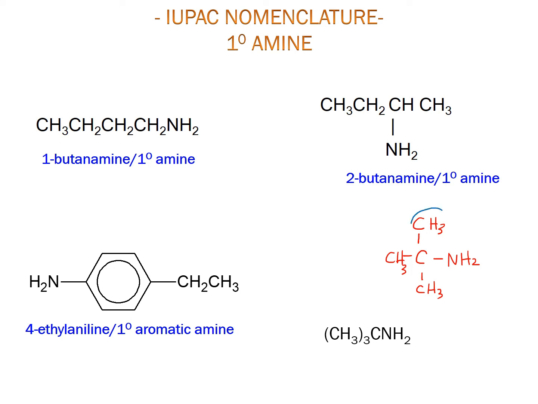This one is the longest continuous carbon chain, which contains 3 carbons, and then numbering the carbons, 1, 2, 3. So the position of the amino group is at carbon number 2, and the position of methyl as a substituent is also carbon number 2. So the name of the amine is 2-methyl-2-propanamine.